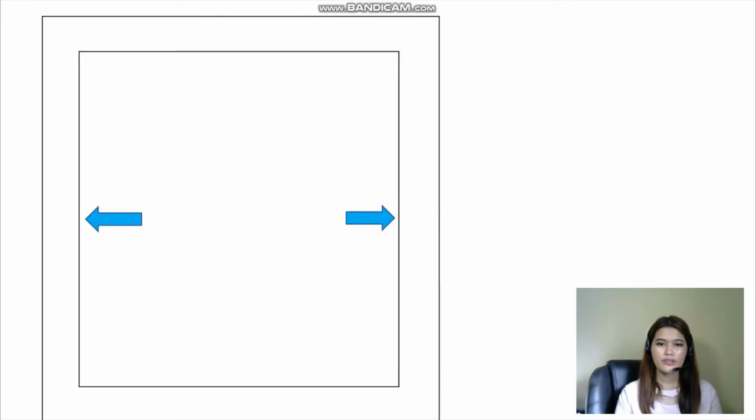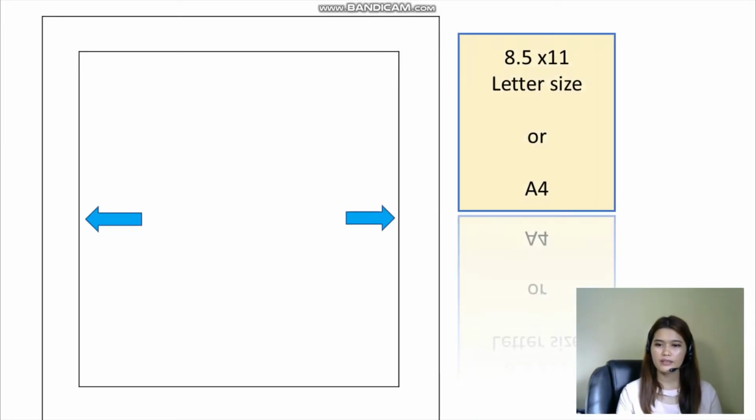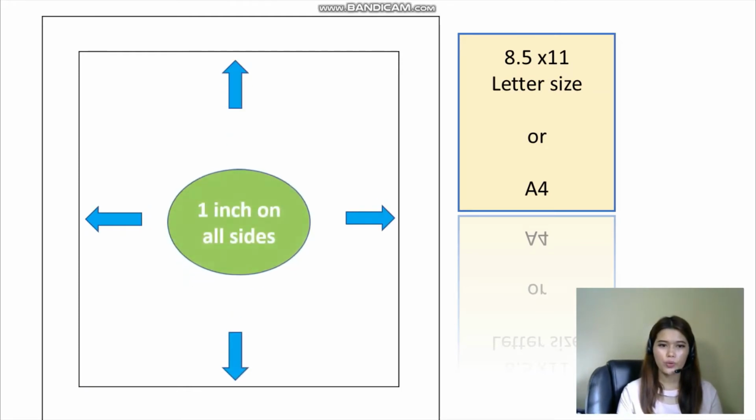So here are the things to remember. First is the paper size. You could use either 8.5 by 11, or we also call it letter size, or A4. It depends on how long your letter would be. Next, you have to put 1-inch margins on all sides: top, bottom, left, and right.